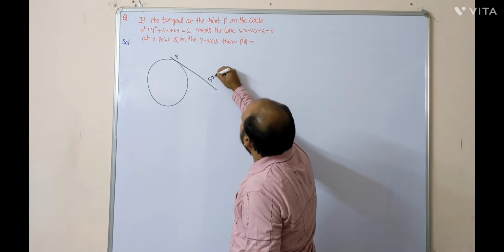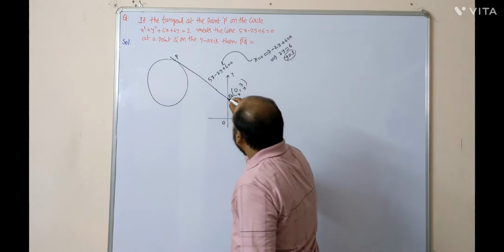Substitute x equal to 0 in this. What happens? Minus 2y plus 6 equal to 0, that implies 2y equal to 6, so y is equal to 3. You got this point now?